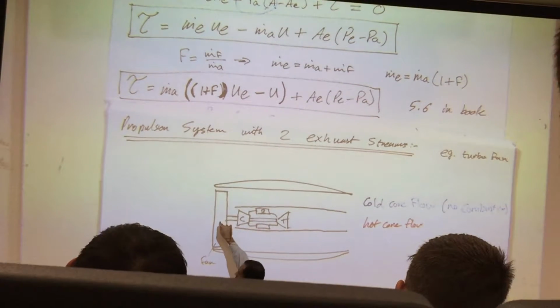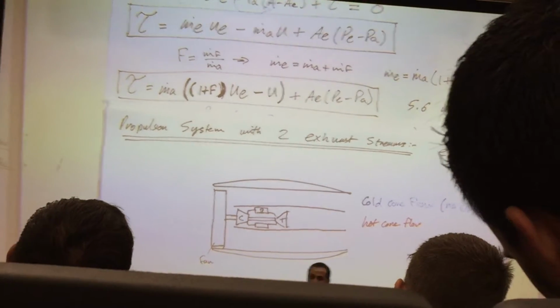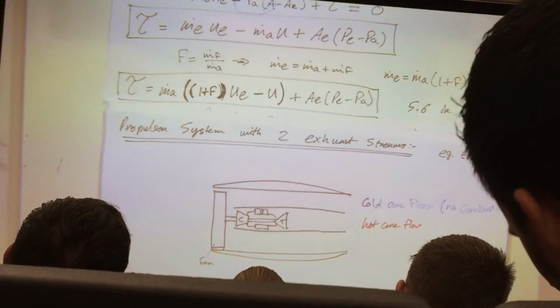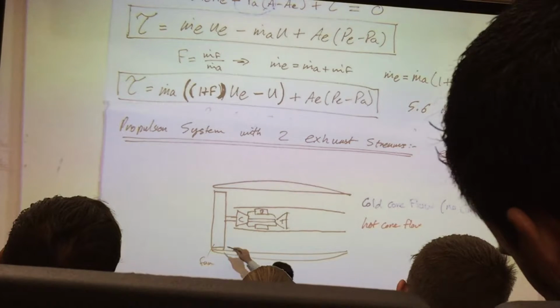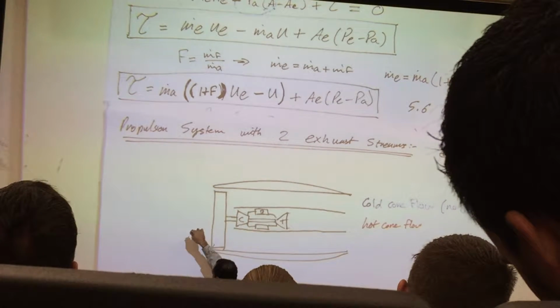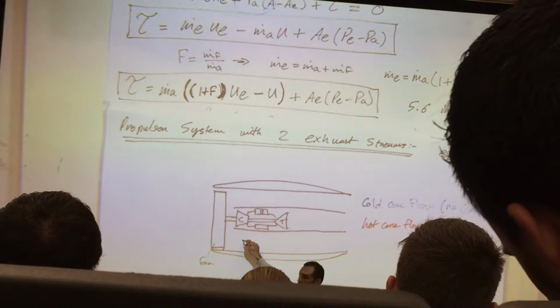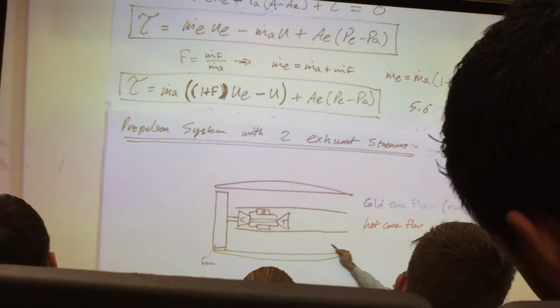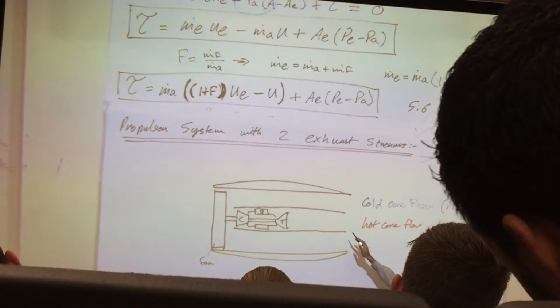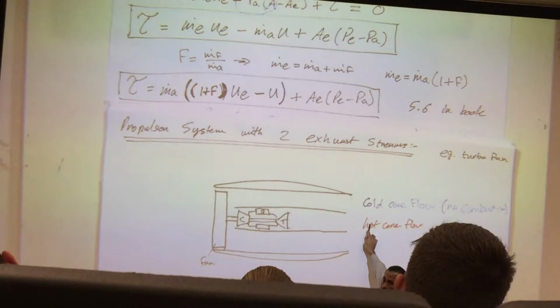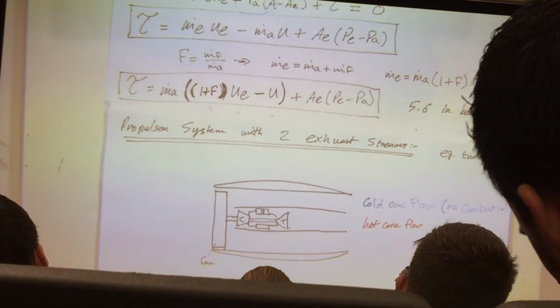That work actually drives this fan, and this is primarily your desk fan. What happens here is this fan sees the free stream velocity and it accelerates that velocity, but that velocity just moves around the engine and comes out in the end. This velocity actually is much higher because you're keeping it up.